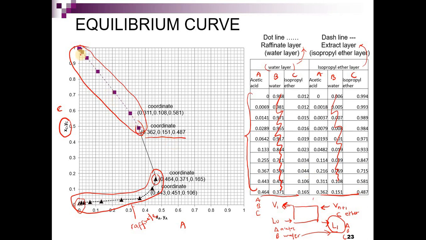So you join all the points, and this is what we call the extract layer. And for this extract layer, you will join the final coordinate with the final coordinate of the raffinate, and you will get a complete curve. So this equilibrium curve is actually a combination of the extract and also the raffinate layer.